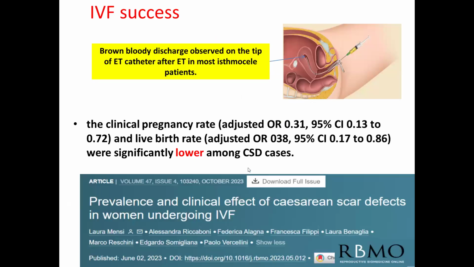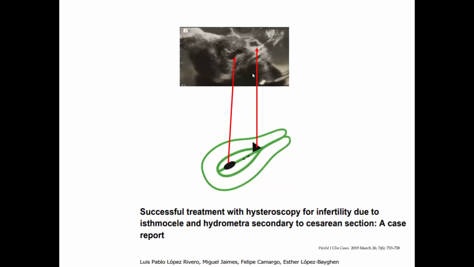The pregnancy rate is much lower if the patient has uterine niche due to these factors that affect success. So don't forget that in any case of uterine niche, you should look at the endometrial cavity to check if fluid is present.